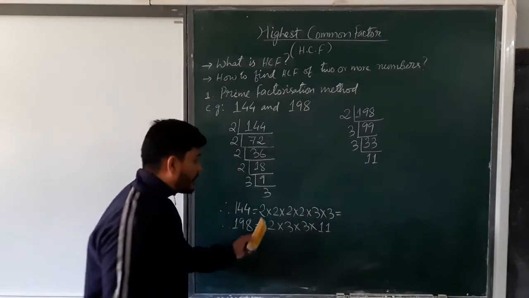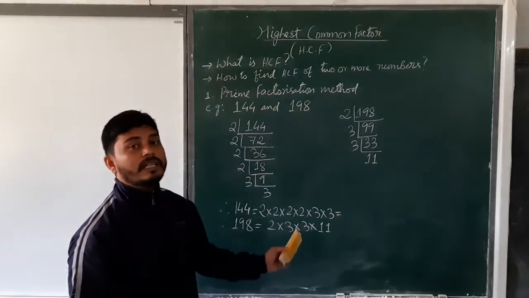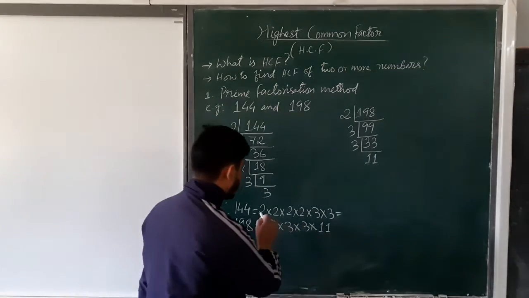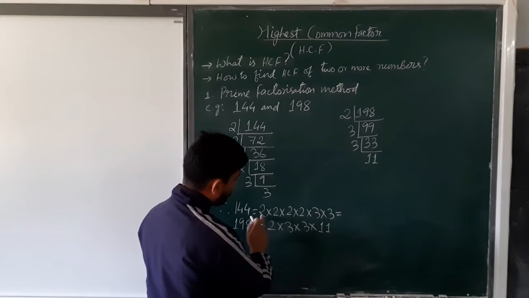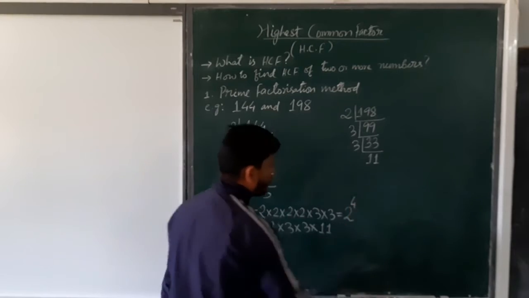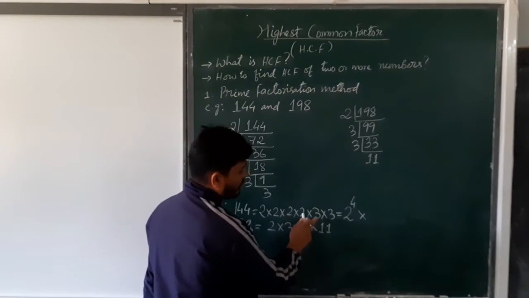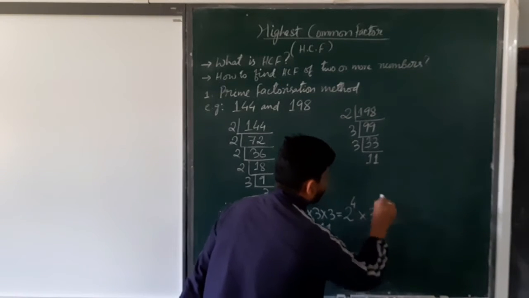Now we have to express these factors in terms of powers, as we have learned in prime factorization. Here you can see the prime factor 2 is multiplied 4 times, so it will be 2 raised to the power 4, and 3 is multiplied 2 times, so it will be 3 squared.